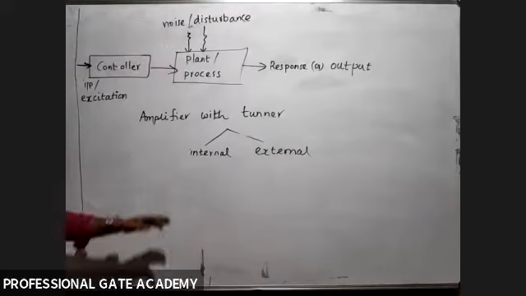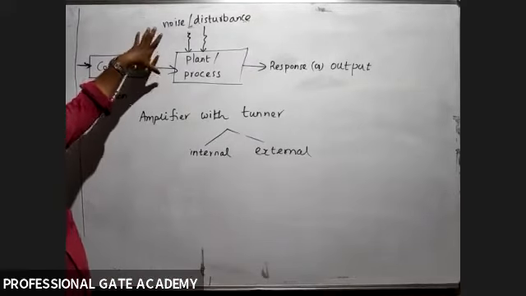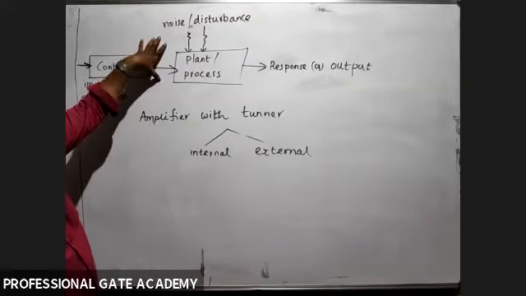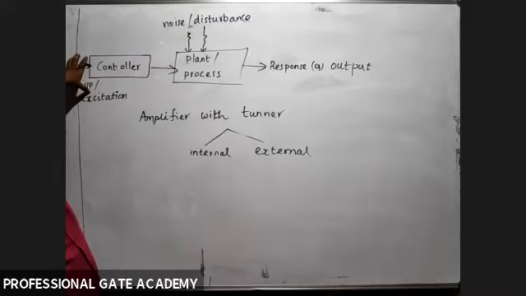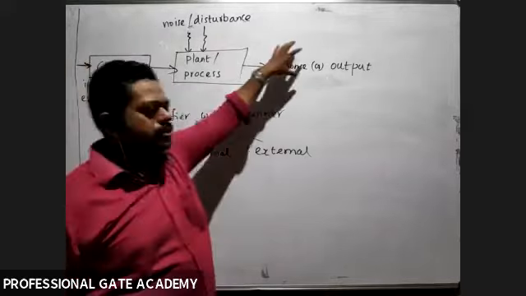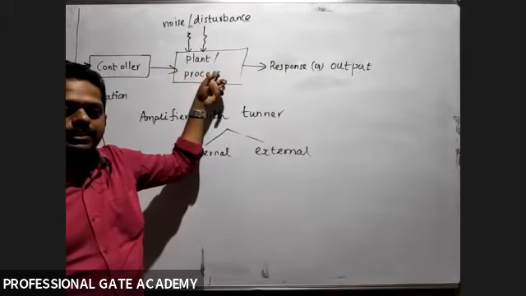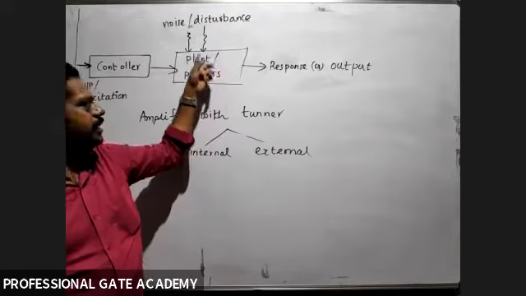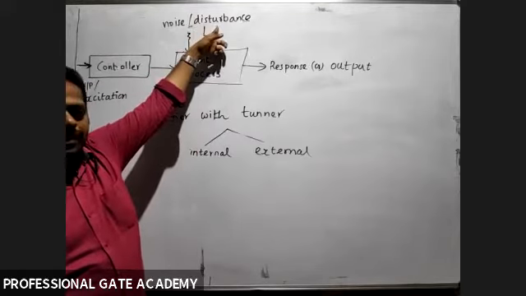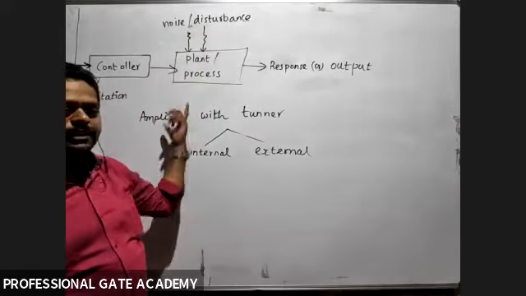So I repeat again. This is the block diagram of a control system. There are 5 elements. The first one is input or excitation. Then this is the output or response. The third one is the controller, and the fourth one, plant or process, is called the system. And the fifth one is noise or disturbance. So assume that an amplifier is a system.